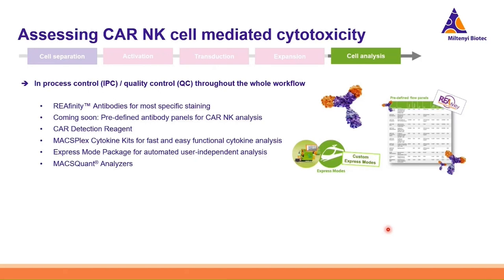There's the CAR detection reagent, and what I just showed on the previous slide, the MACSPlex cytokine kits for very fast and easy functional cytokine analysis of 12 cytokines at once, which can be easily analyzed with the MACSQuant Analyzer. And then there are the Express Mode packages for automated and user-independent analysis.